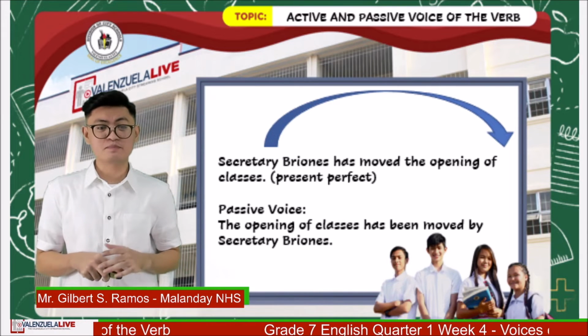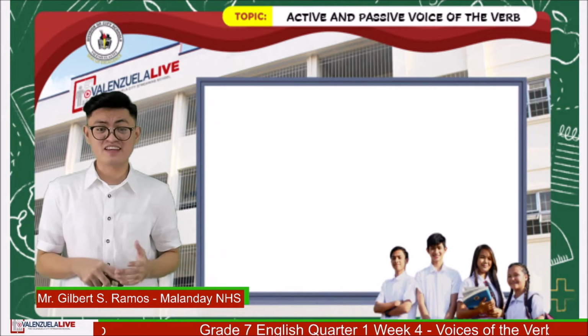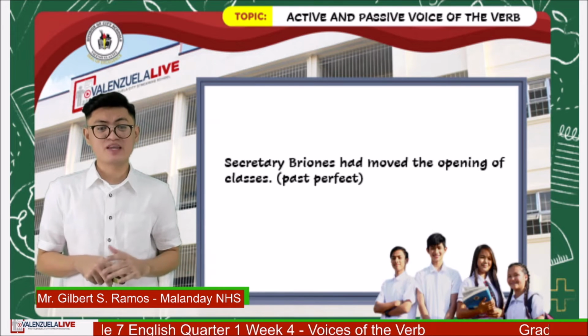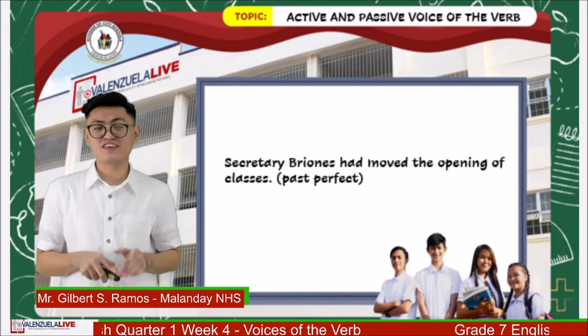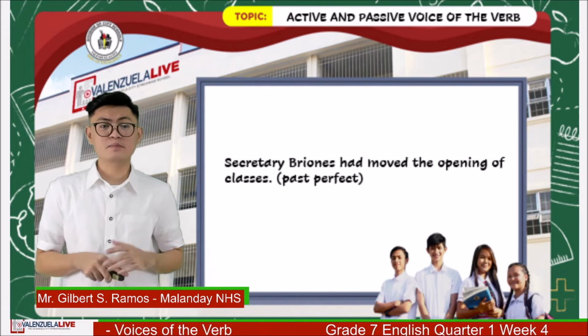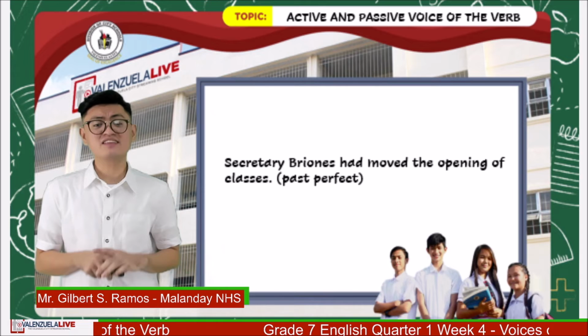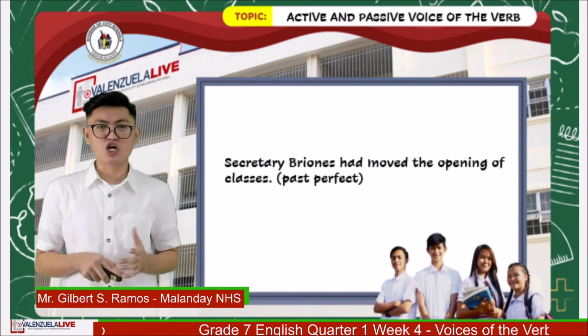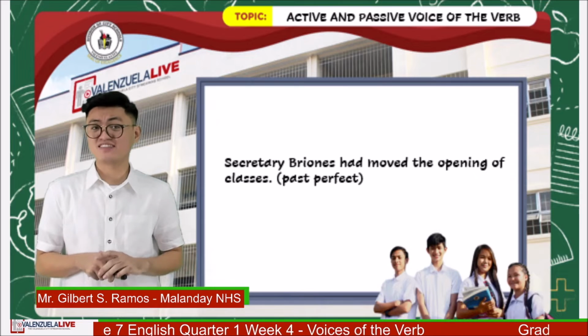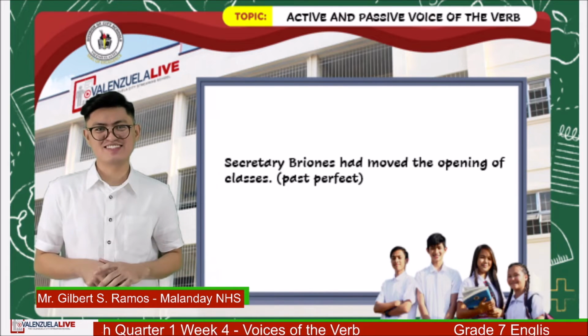For present perfect tense, the sentence becomes, the opening of classes has been moved by Secretary Briones. For past perfect tense, the sentence becomes, the opening of classes had been moved by Secretary Briones.